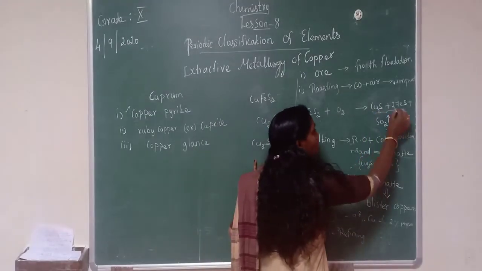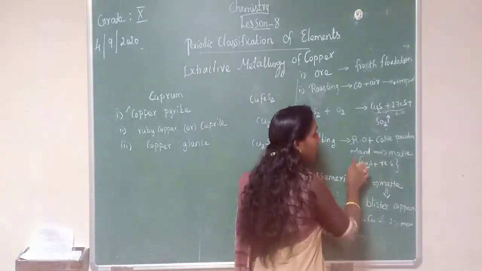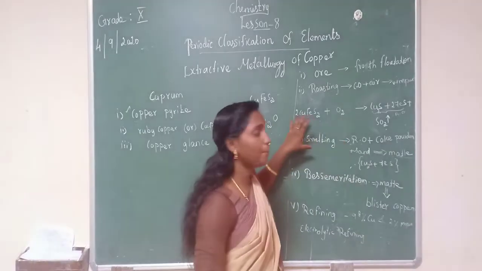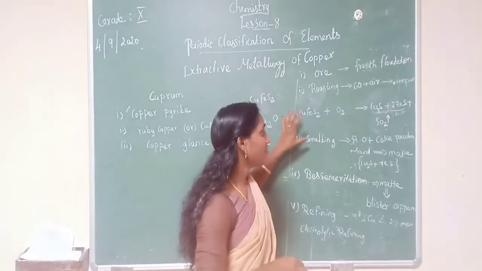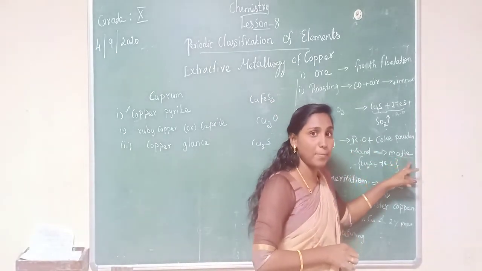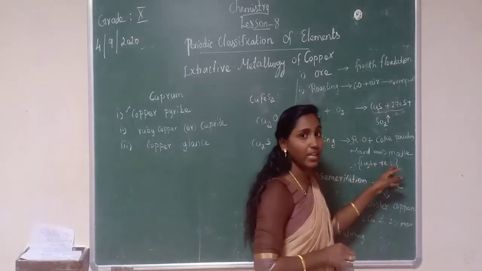Here we got roasted ore. This roasted ore was mixed with coke powder and sand and taken in a blast furnace. When heating, it will give one product that is called mat. Okay, mat contains Cu2S and FeS.